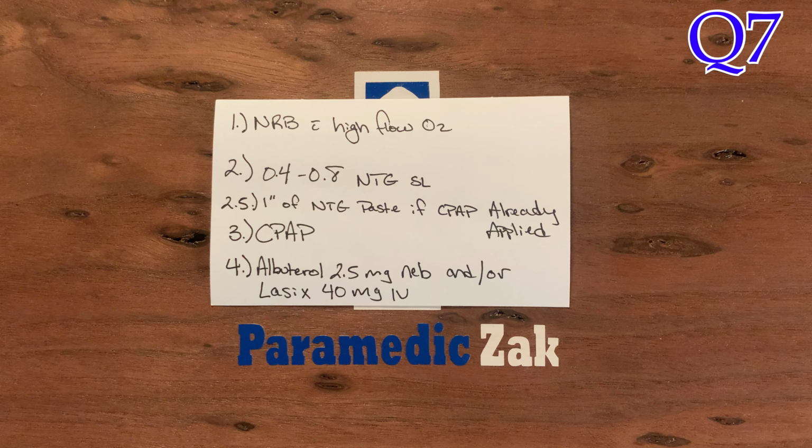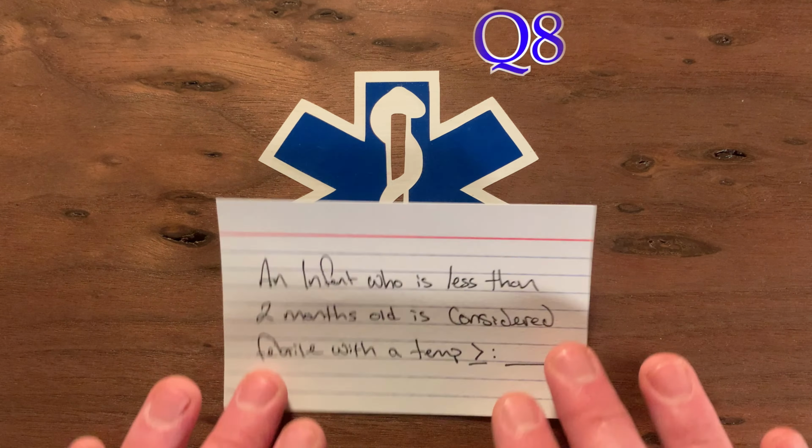You might be giving nebulized albuterol via an inline treatment at a dose of 2.5 milligrams, and you might be giving Lasix IV at a dose of 40 milligrams. Nebulized albuterol is going to dilate the bronchioles, and Lasix is going to help rid that patient of excess water by peeing it out.